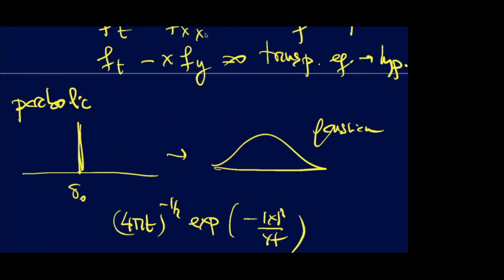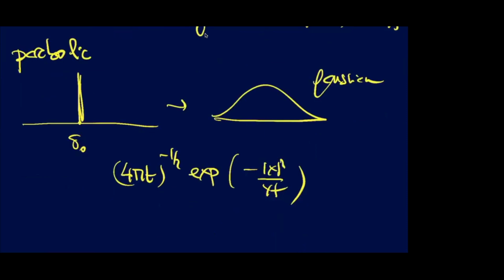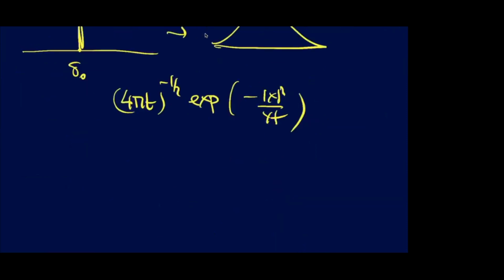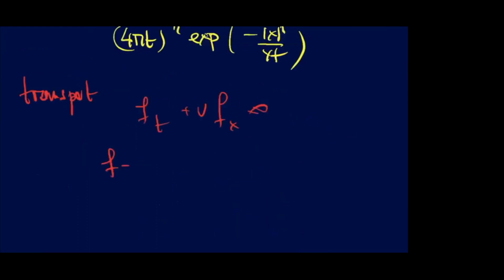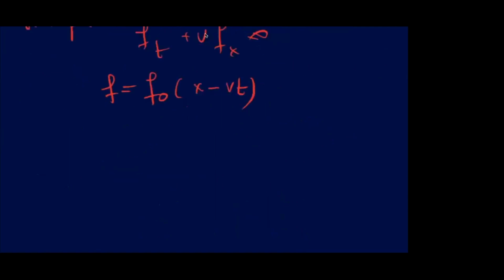This is parabolic. But as we have seen for hyperbolic equations, right, when you look at transport phenomena, in particular, when the velocity of transport v is a constant, then you know that the solution, as we have shown before, is just transported along characteristics. This is just constant transport.